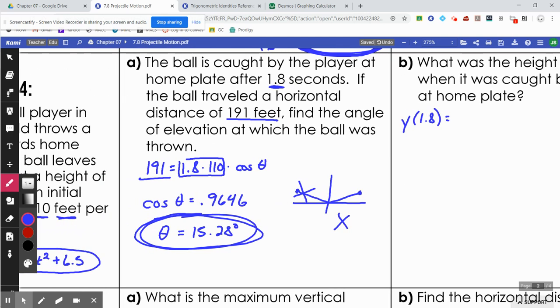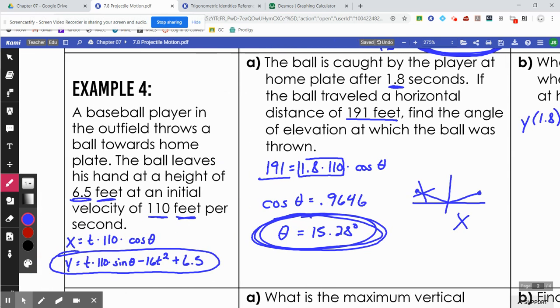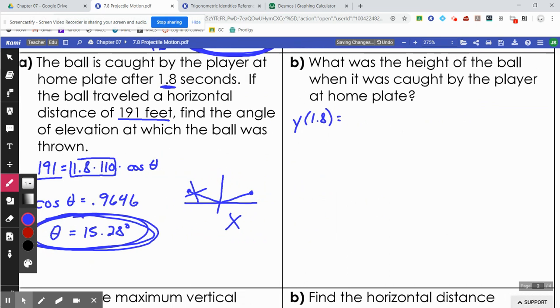Along with that 1.8, we now have an angle of elevation that we can plug in. So we're going to do 1.8 times 110 times the sine of 15.28 minus 16 times 1.8 squared plus 6.5. We're going to simply type that whole thing into our calculator, and we should get about 6.84 feet.